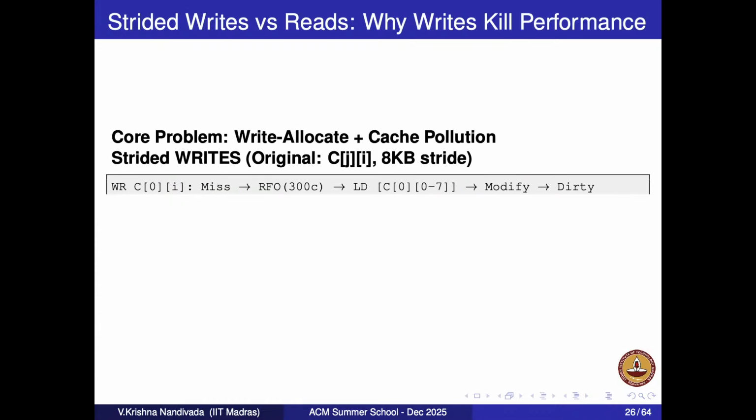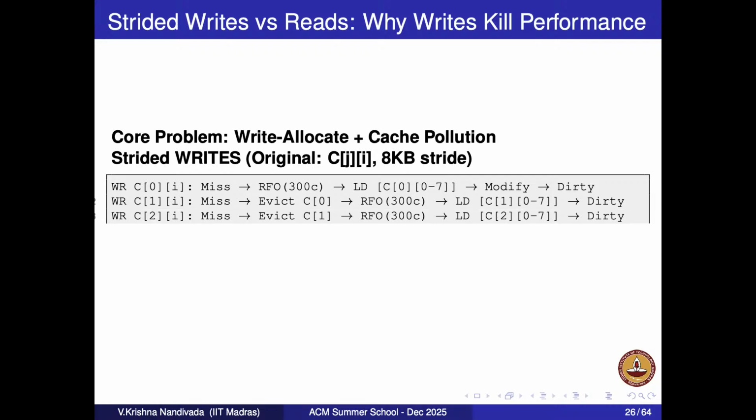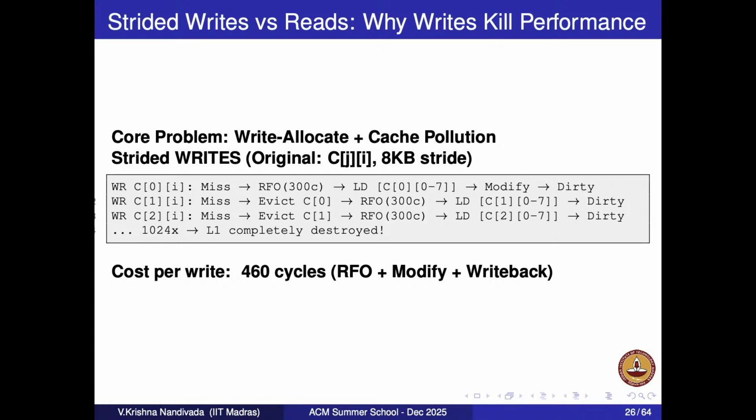So, if you want to count the time, in the original code, when the writes were happening, there was a cost to evict, there is a cost to fetch with permission to overwrite, the RFO, and a cost for modify and write back.